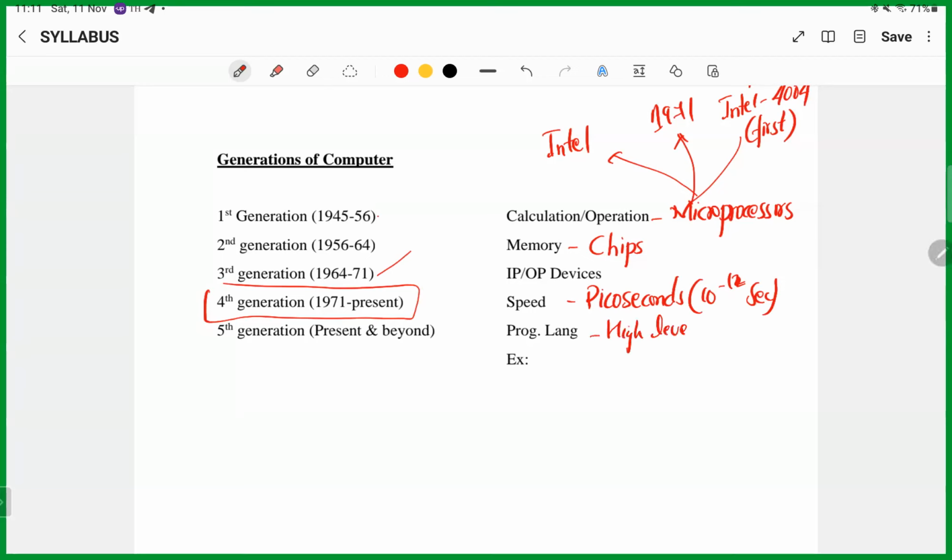There is no downgrade here. High level languages are used. Okay, examples, as I already told you, laptops, Intel 4004. These are some of the examples. Your desktop. Okay, so some of the examples.